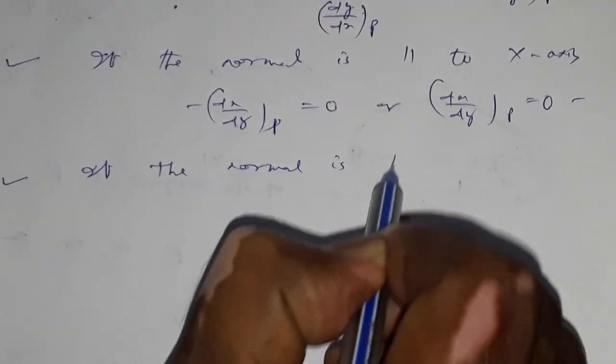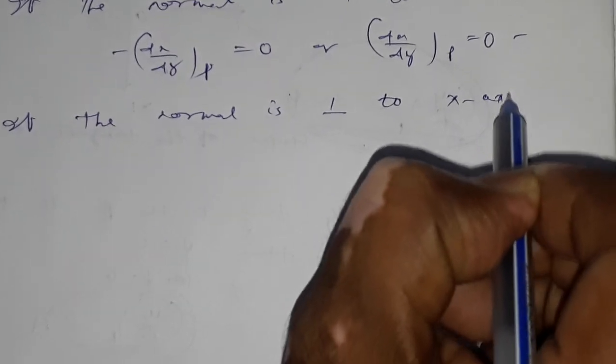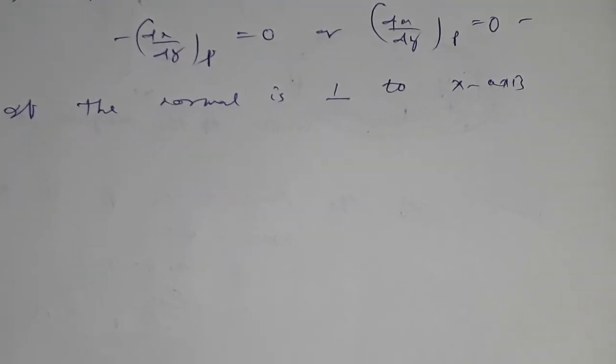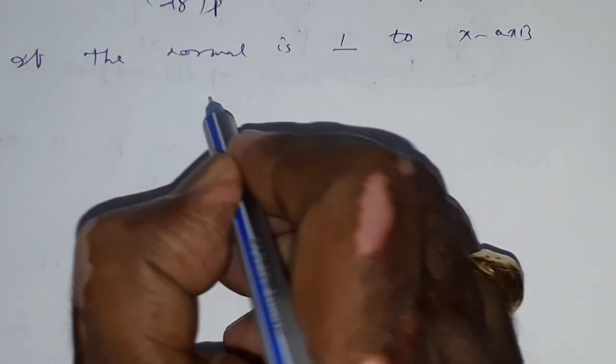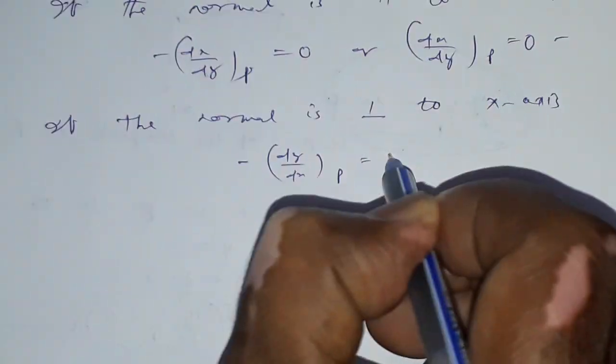If the normal is perpendicular to the x-axis or parallel to the y-axis, then minus dy/dx at P equals 0.